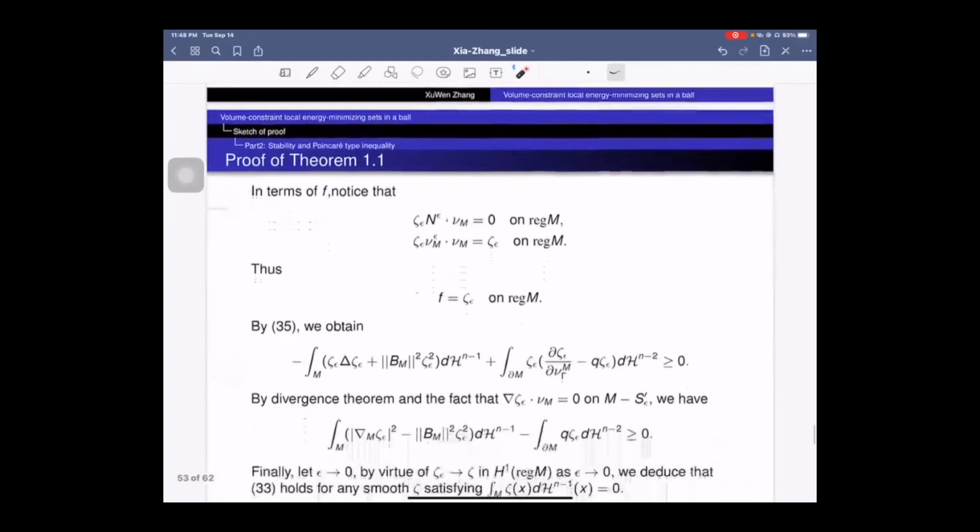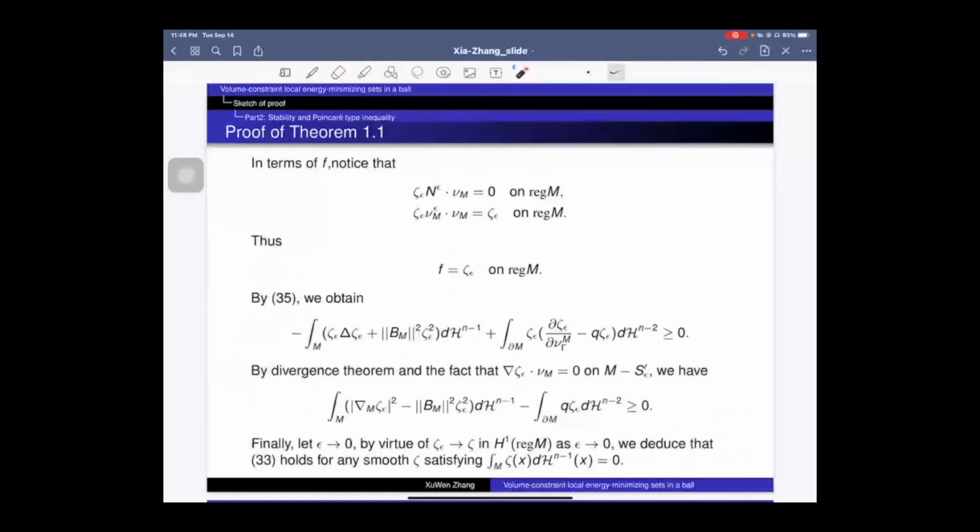And here we have the second order term, and we can use the divergence theorem to have only the zero order term and the first order term, and use the fact that theta epsilon converges to theta in H1 sense, and finally we can let epsilon go to 0 and use this convergence to see that the Poincaré type inequality holds for any smooth function theta whose integral vanishes over M.